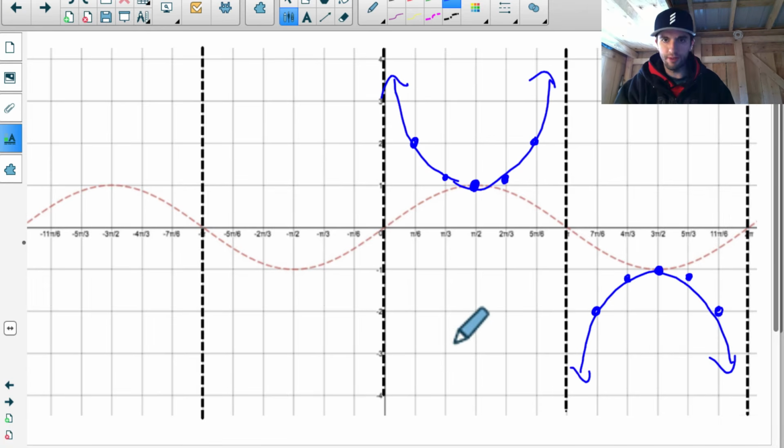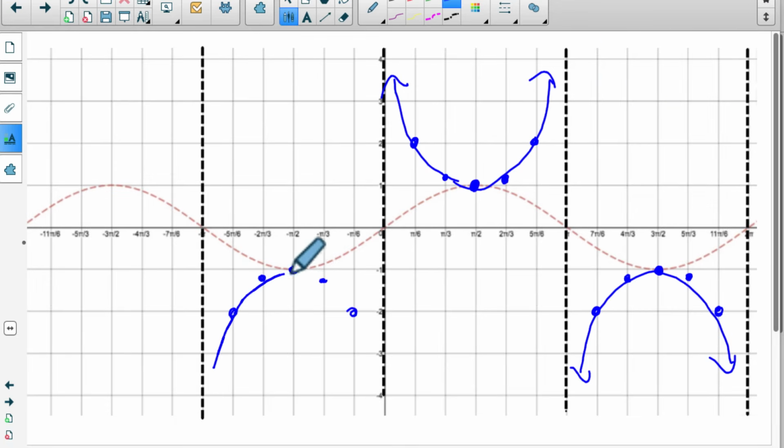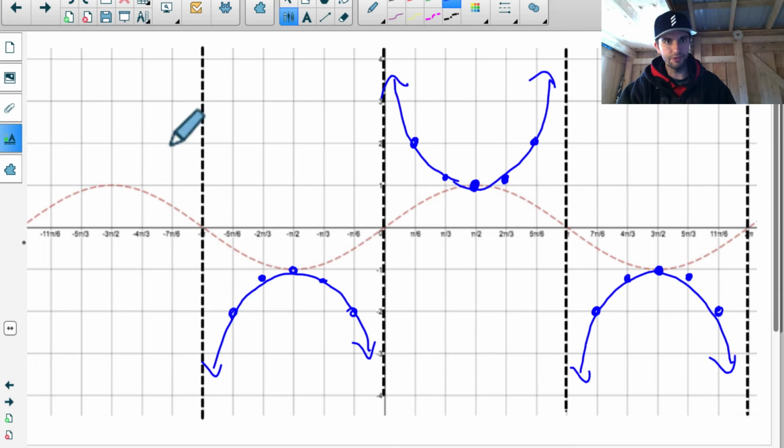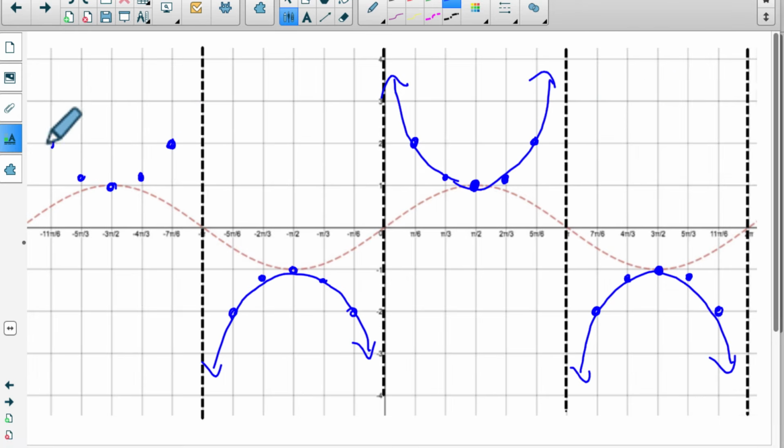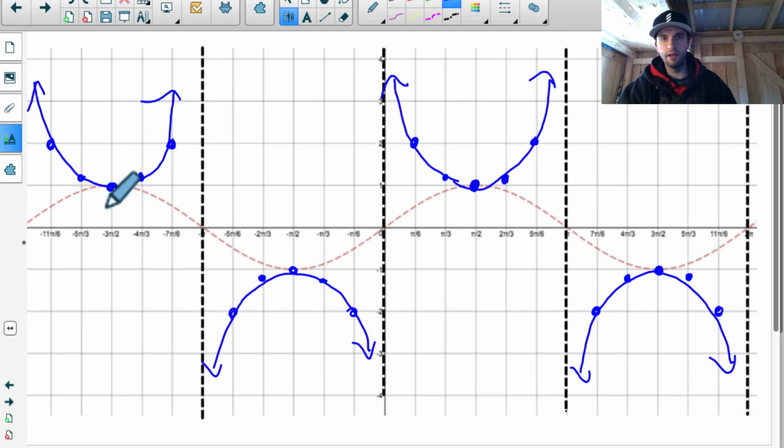And that's the period of this function. Now it's going to repeat this over and over again, flipping back and forth between positive and negative, but the period of this function is 2 pi. So if we continue the pattern, over here it's going to look like this, and up here it's going to look like this. And there's 2 cycles of the cosecant function.